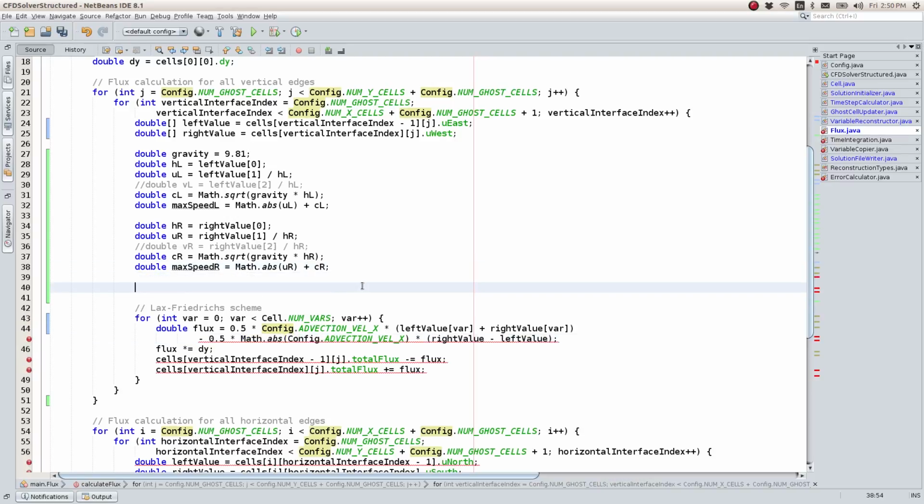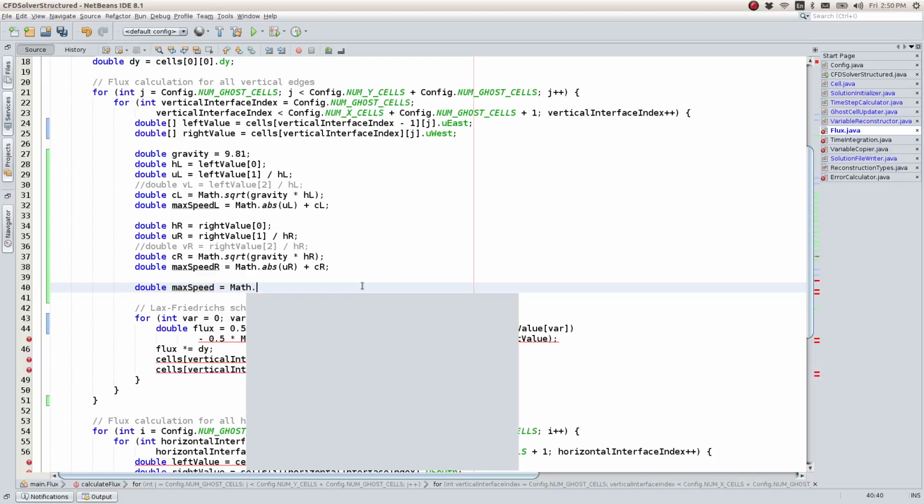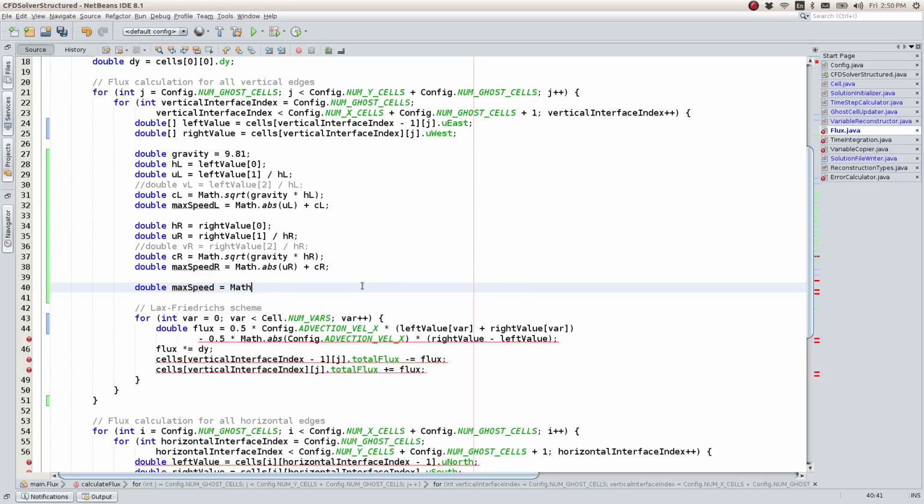sorry, I now have to calculate the max speed, which is going to be equal to the max of max speed left and max speed R. So I have the max speed.